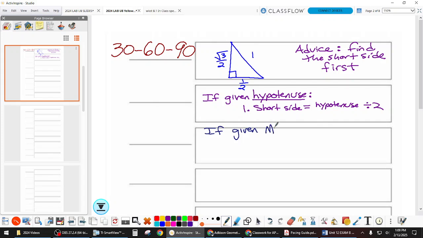All right, and then do you want to call this the long leg or the medium side? Which one are you more familiar with? Okay.